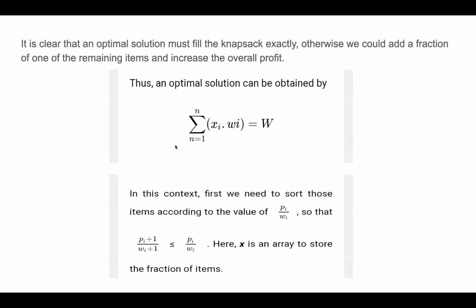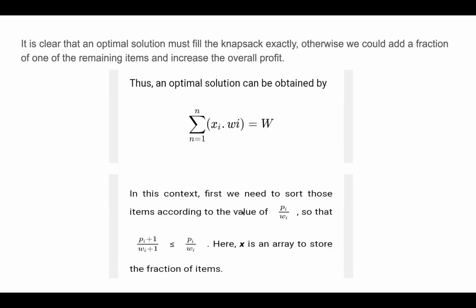So summation i equal to 1 to n of xi into wi should be equal to W. The knapsack should be completely full, yes or no, so that we get the maximum profit.